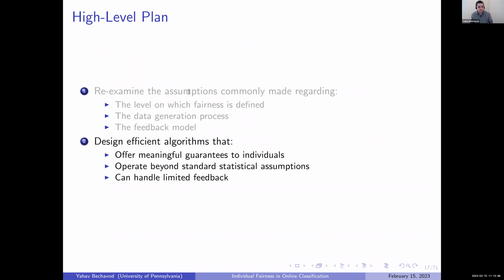Cool. So after this first part of the talk, the main focus is going to be this line of research in which we try to remedy these three issues, or give solutions, by offering meaningful guarantees to individuals and by extending beyond statistical assumptions, and possibly with one-sided feedback.